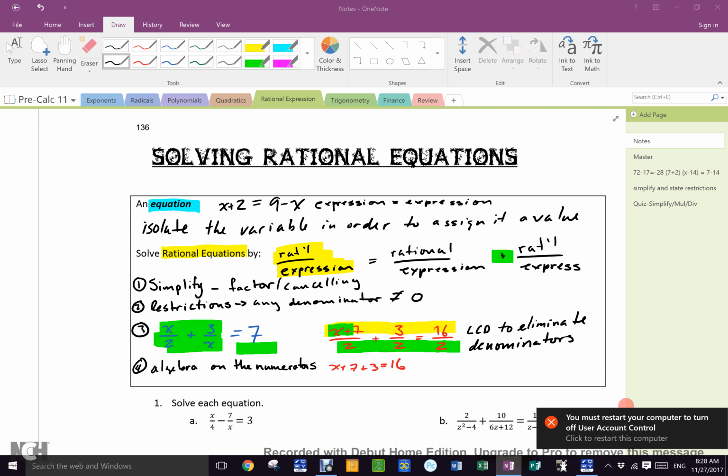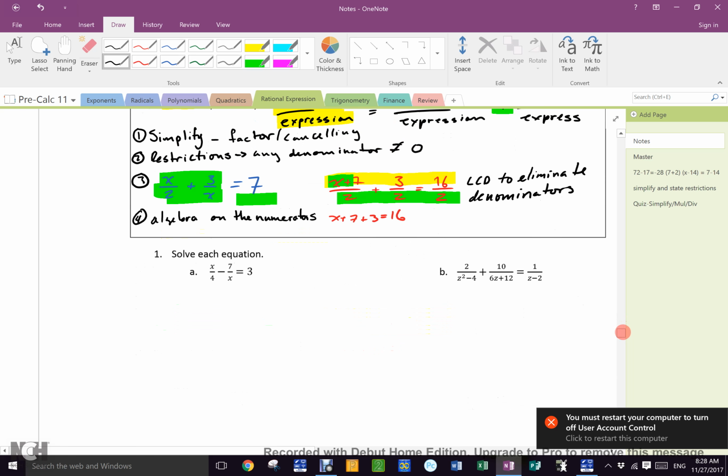Can we do any simplifying, factoring, or canceling in 1A? I can not get rid of that. And that's driving me up the wall, but whatever. I do not need to restart this computer, so I'm not going to. Can we do anything from 1 or 2 in that first question?